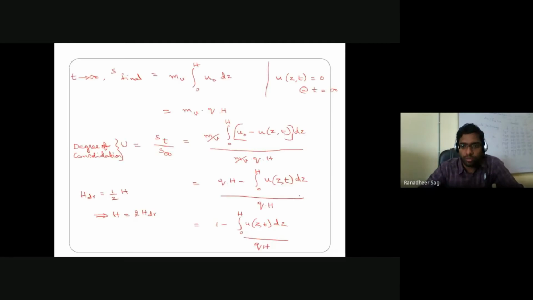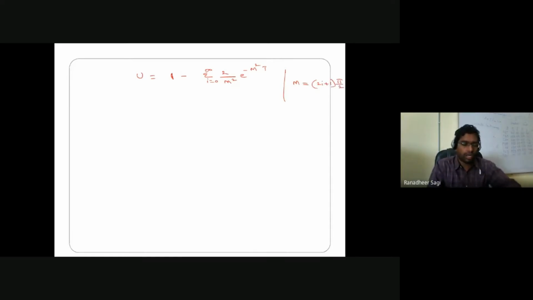So in the place of U of z comma t, I have to write the complete bigger expression, and carry out the integral of the separable function. We are not looking into how to derive that expression, but I am just directly writing the expression that we have.